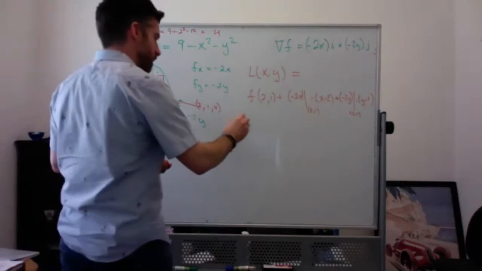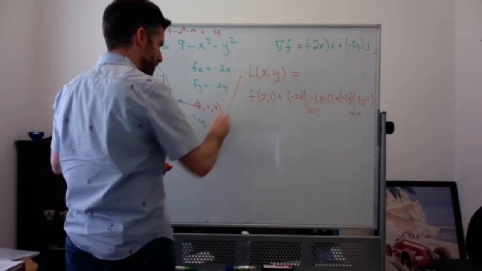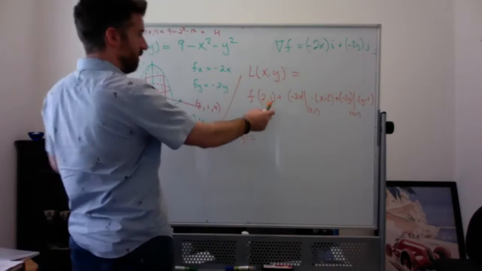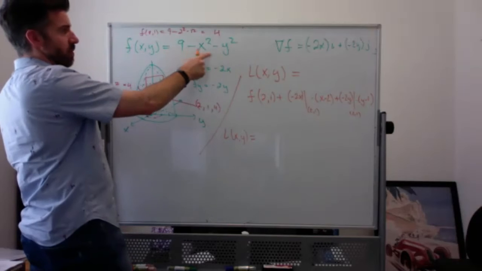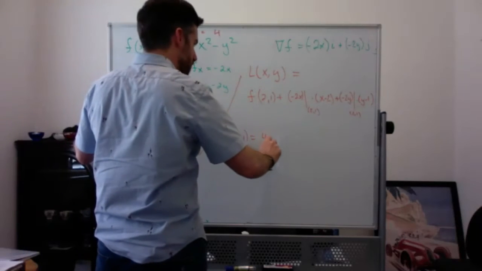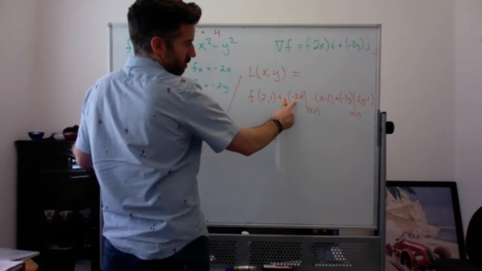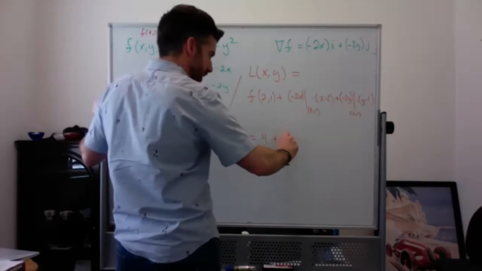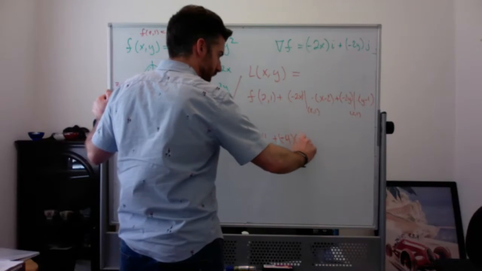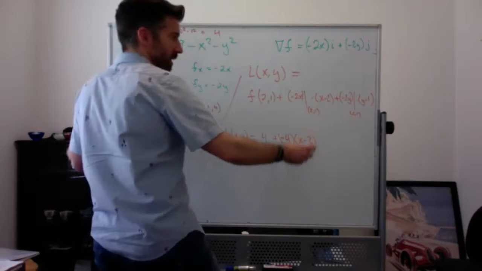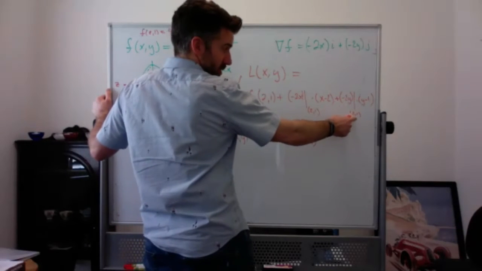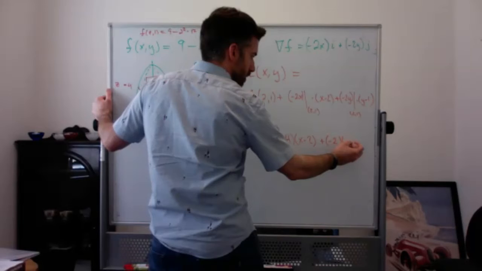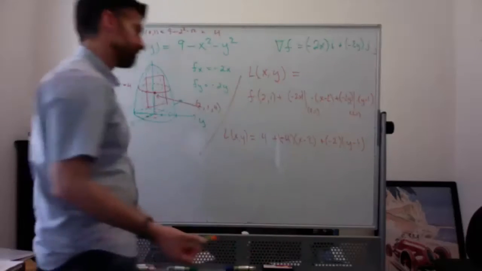So all this ends up looking like is, let's see, f of 2, 1, that's just 9 minus 4 minus 1, which is 4. Negative 2x evaluated at 2, 1, I'm just going to plug in the 2 and get negative 4 times x minus 2. And then negative y evaluated at 2, 1, I'm just going to plug in y equal to 1 and get negative 2 times y minus 1.